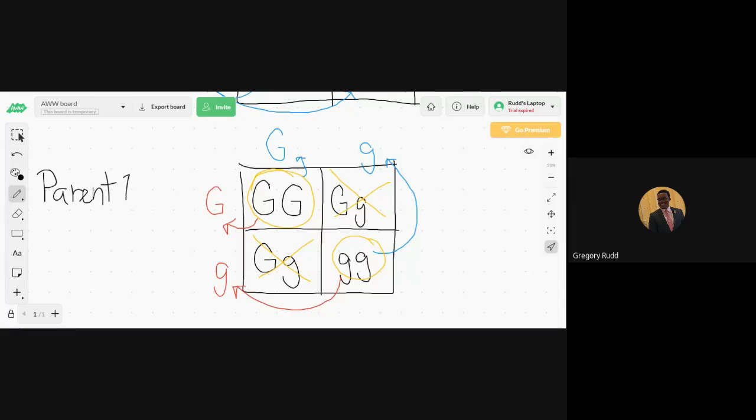Parent 1 equals heterozygous. Parent 2 equals also heterozygous.